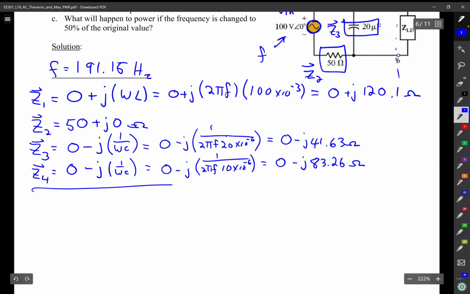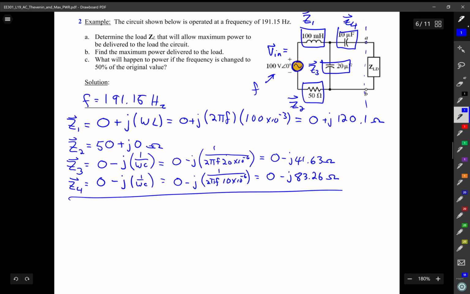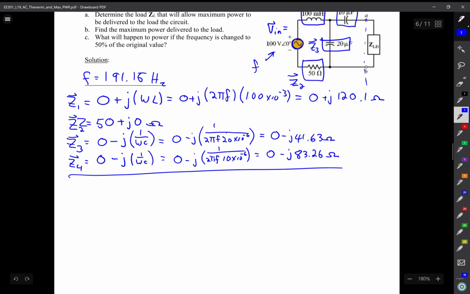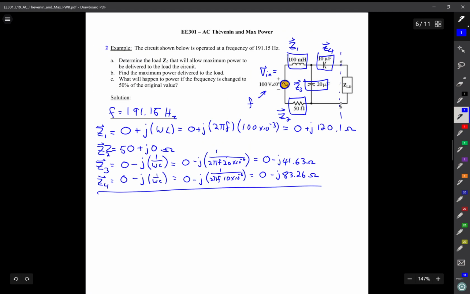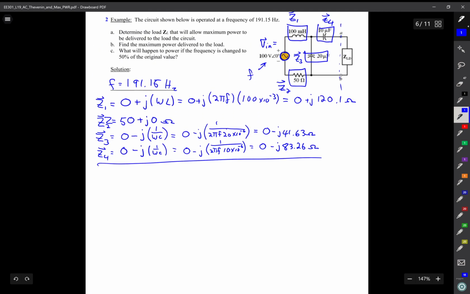Step 1 in my process, now that I have all my impedances labeled, tells me to remove the Z load, redraw, and solve for V Thevenin. All right, so let's go ahead and redraw that circuit. Here's my circuit. Here's my V in.